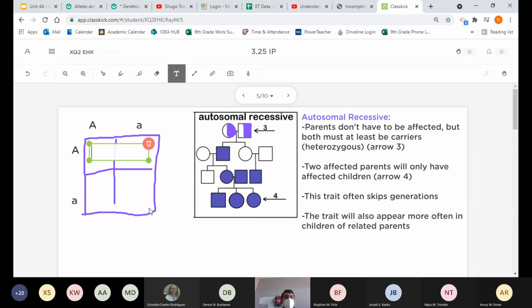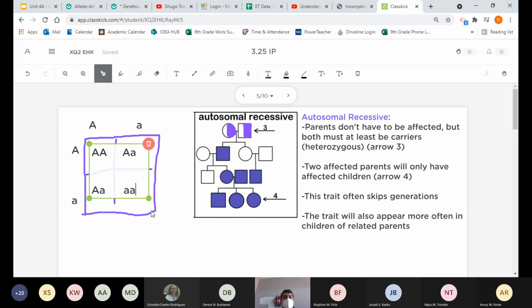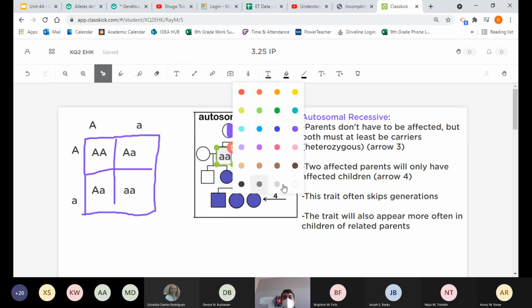So for every 1 homozygous dominant, you will have 2 heterozygotes and 1 homozygous recessive. So all 3 genotypes are possible based off of this pairing. Now we have an affected individual and an unaffected individual. If you're dealing with an autosomal recessive disorder, then you know that anybody who has it is going to have the homozygous recessive.